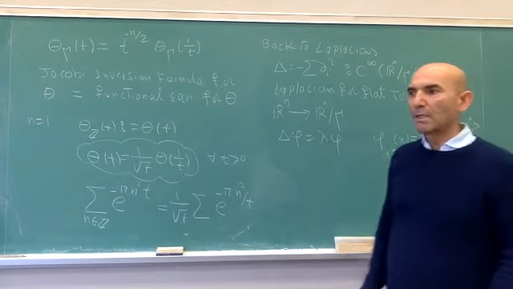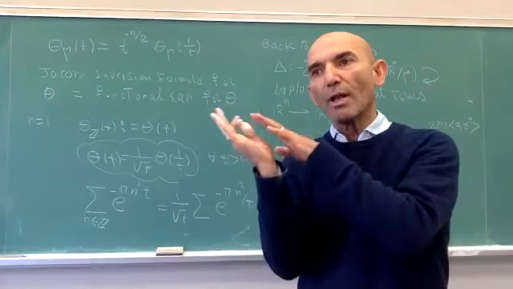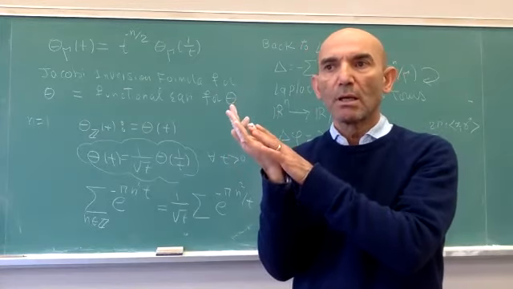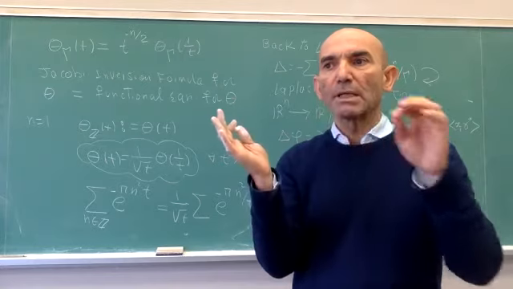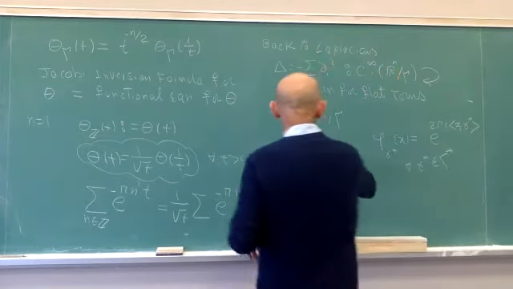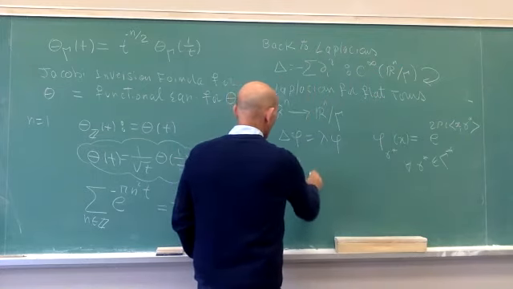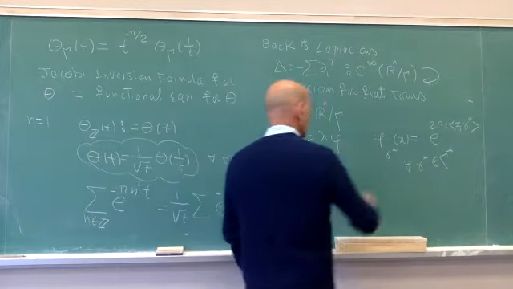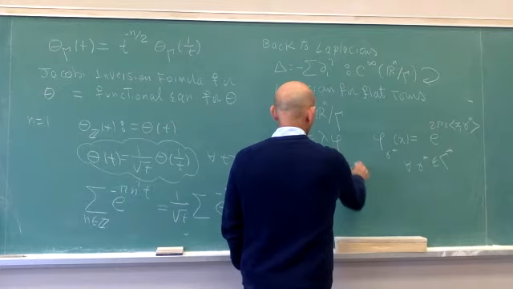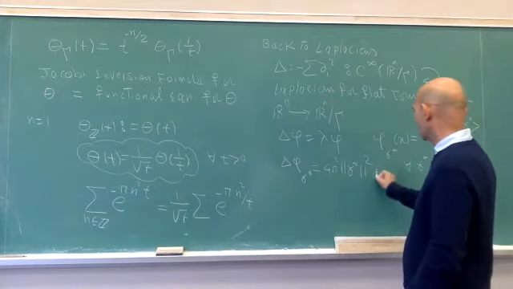In other words, the dual lattice parameterizes points of the spectrum, because delta of phi gamma star turns out to be equal to 4 pi squared norm of gamma star squared, times phi gamma star.